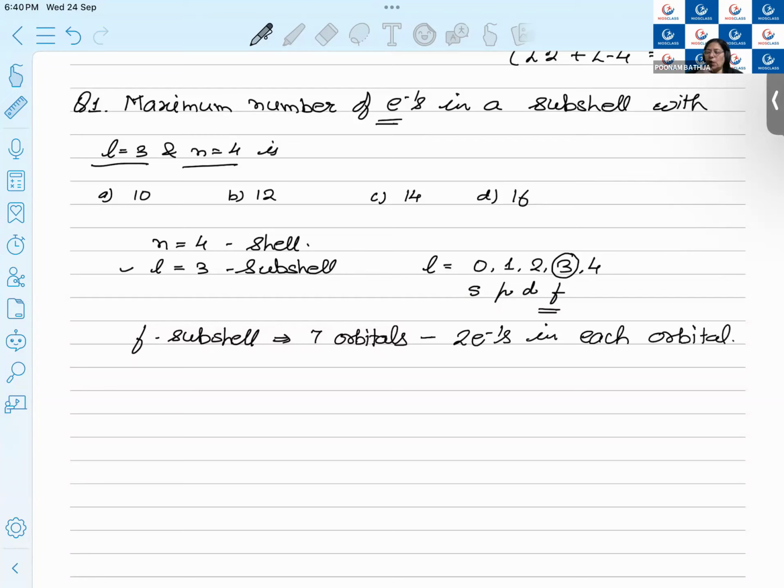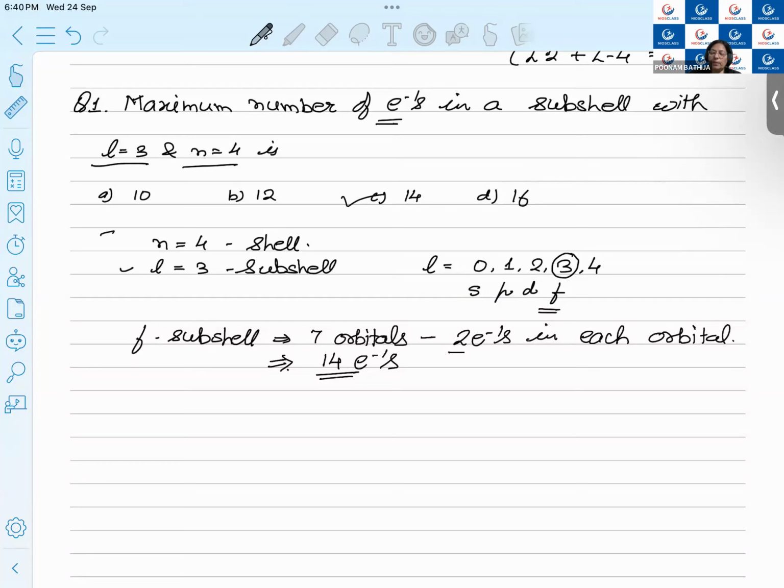So in 7 orbitals, how many electrons? Answer please. 14 electrons. If 2 electrons are there in one orbital, how many electrons will be there in 7 orbitals? Obviously 14 electrons. So your answer will be 14.